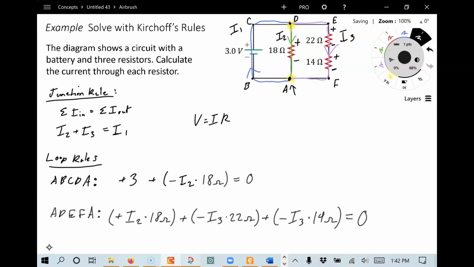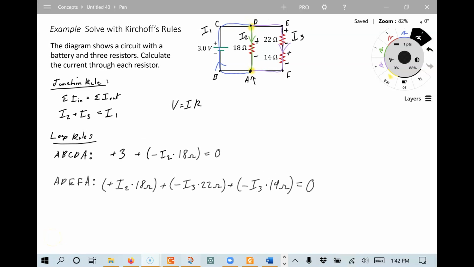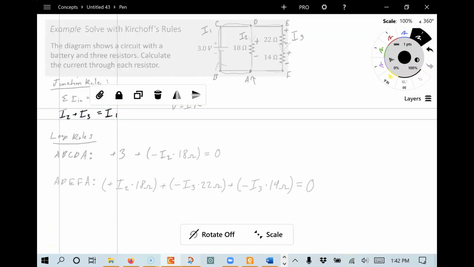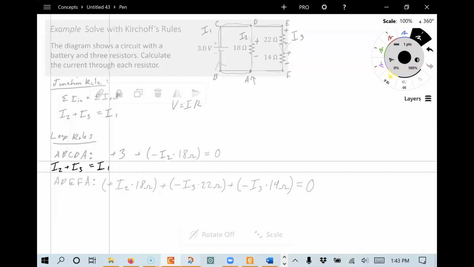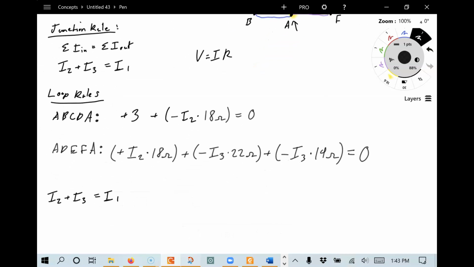All right, let's clean up our 3 equations with our 3 unknowns. So we've got the first one here. The second equation, if we just clean that up a little bit, that's going to be plus 3, should have put a volts here, minus 18 ohms times I2 equals 0.